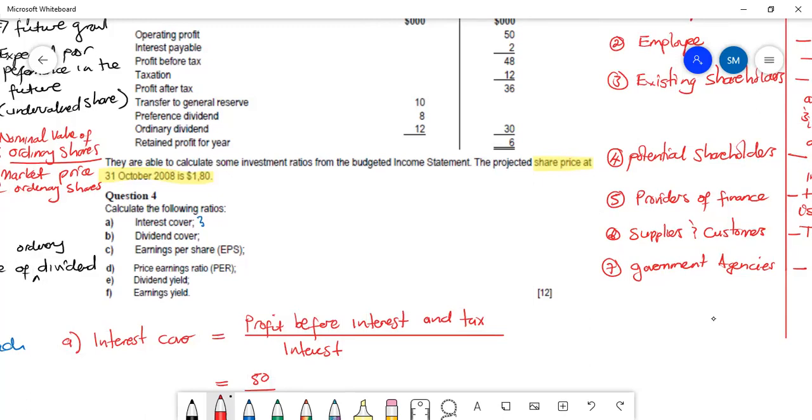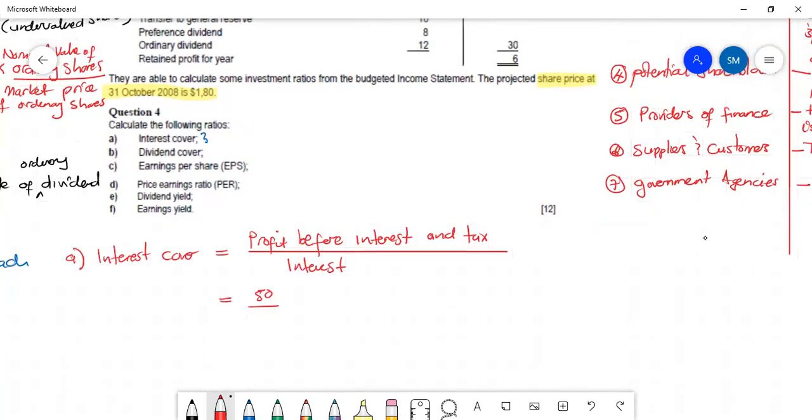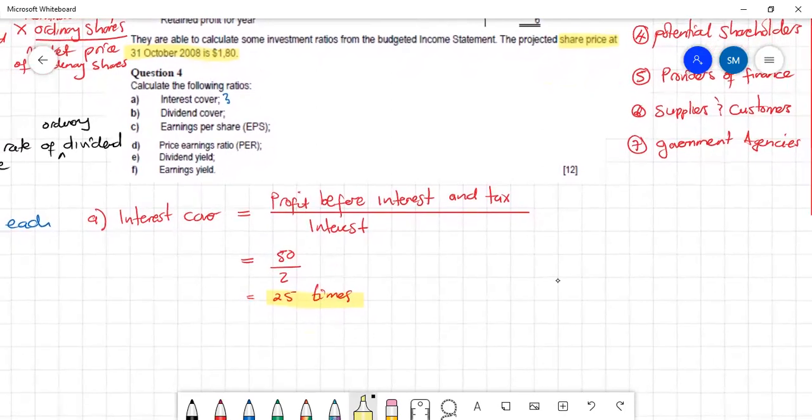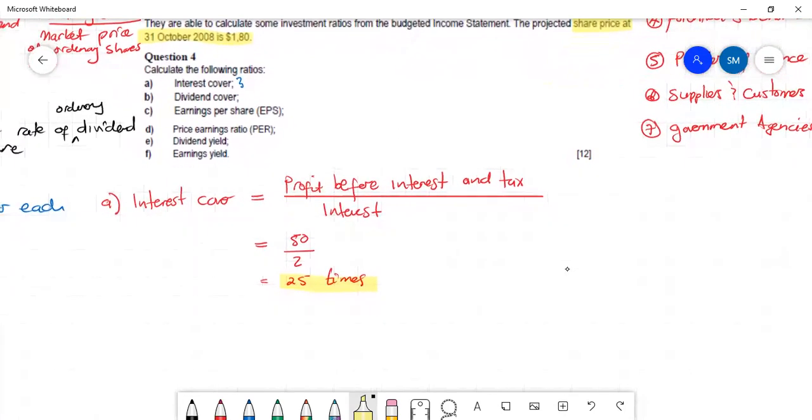It's 2,000. So 50,000 divided by 2,000, we get 25. And because this is an interest cover, how many times? We present the answer in terms of times. So 25 times. Quite simple, right?